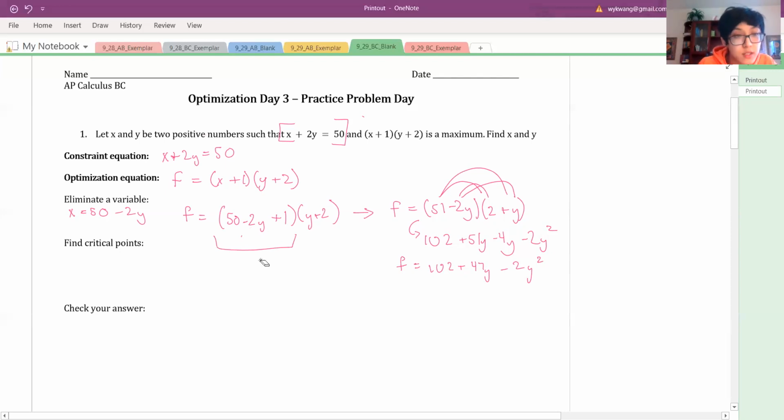Yeah, so we're essentially substituting in, right, x goes into here. So we have 50 minus 2y goes into x, but we also still have this plus 1 here, so we can't forget about that. So that's why we have 50 minus 2y for the x, and then you just add the 1 that's still over here. Okay, I understand now. Thank you. Okay, sounds good.